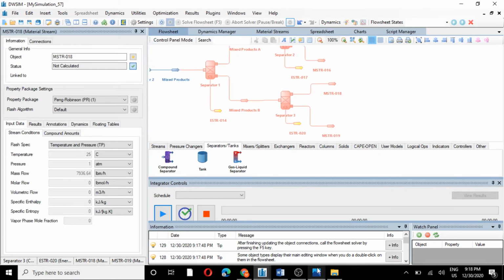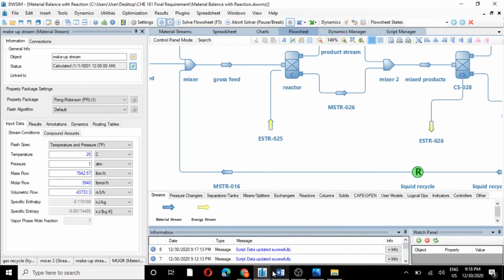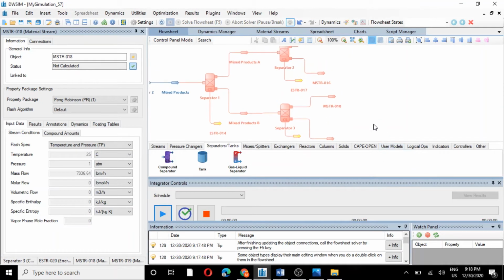Okay, so in the problem, in the mixed products A, we have benzene 100%, and for the other products we have hydrogen and methane, and for the mixed products B we have toluene and diphenyl. So we're going to name the streams.